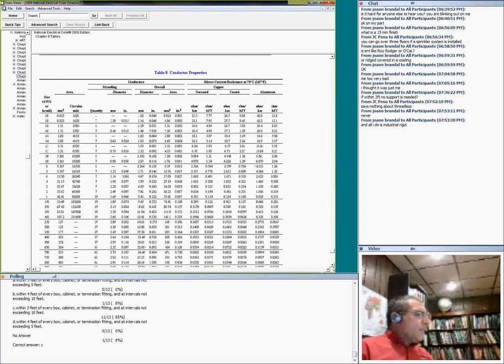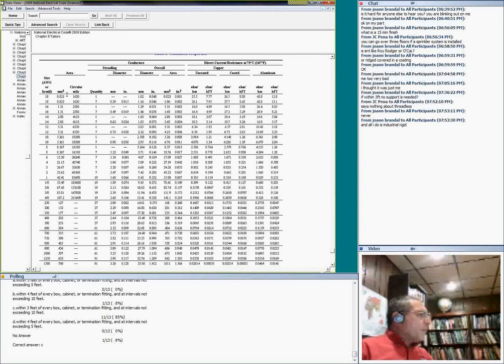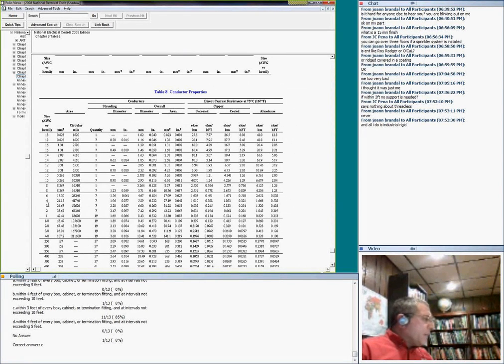Okay, Table 8 is very important, guys. We use Table 8 if your conductor is a bare, uninsulated conductor. We will also use this table for voltage drop later. Let's say I have a bare conductor, copper, number 2 wire.